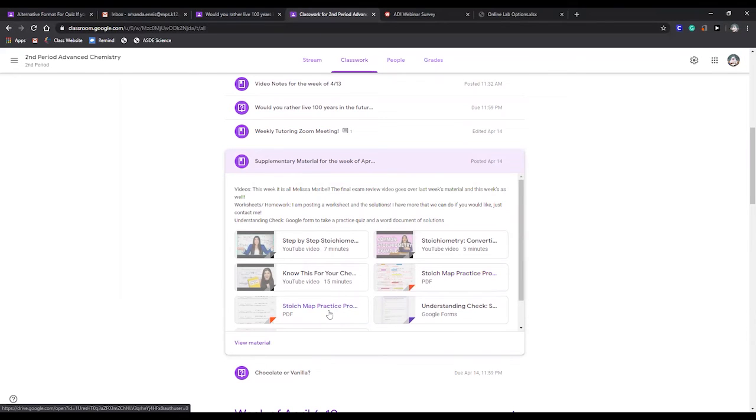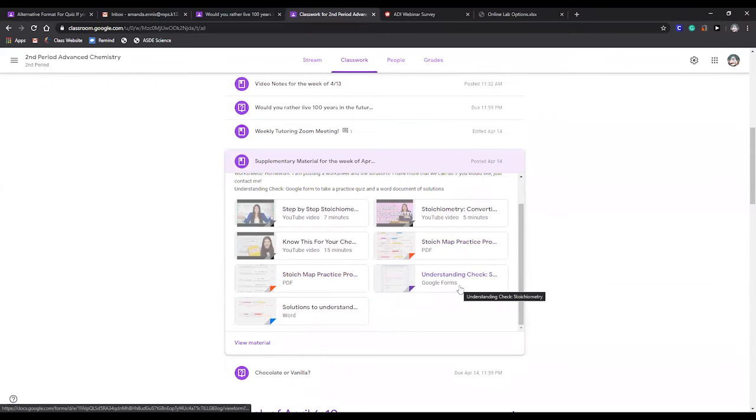I would have students working on a worksheet in class that I would then check. I can't check all of those worksheets now, so they have the answer keys. Also, with the understanding check, I want students to have an idea of whether they get it or not. Without having ways of formative assessment in my classroom, that's where this comes in.